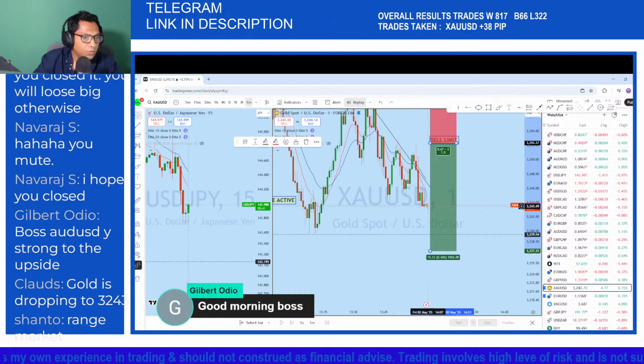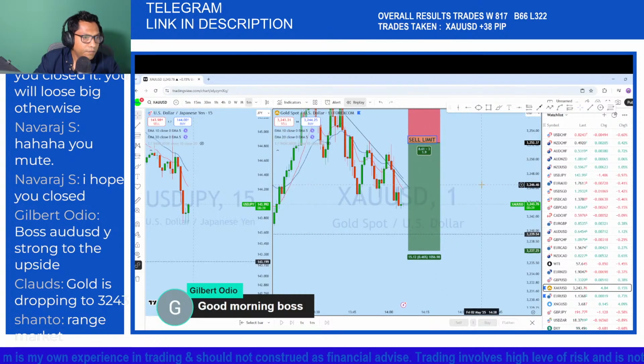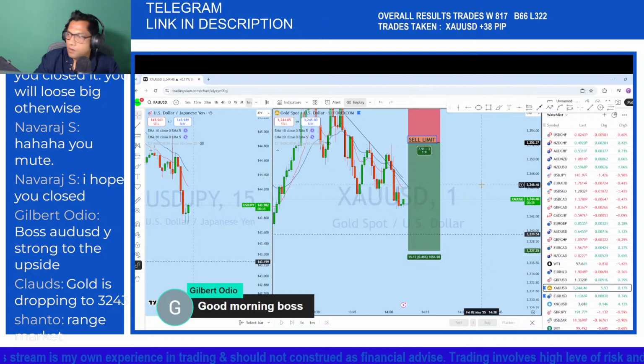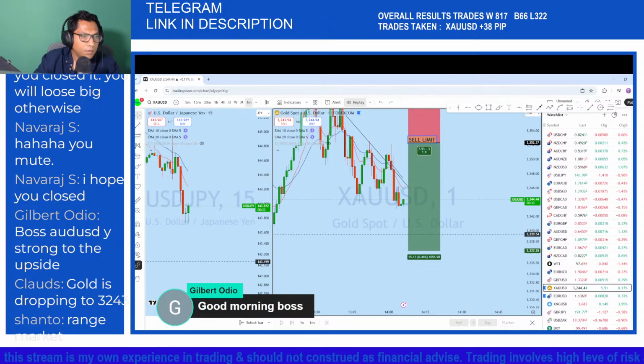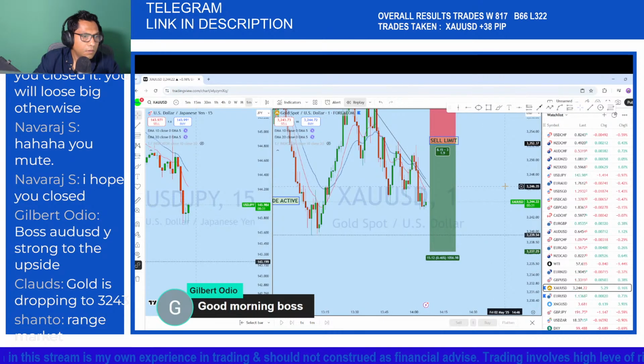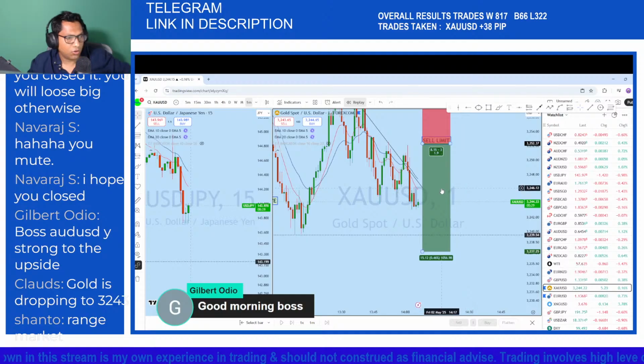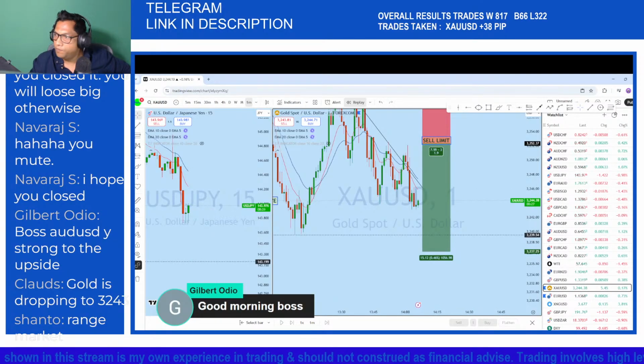Now, will it try to wick fill here? Let's see, it may. If it cannot wick fill, then it will drop.